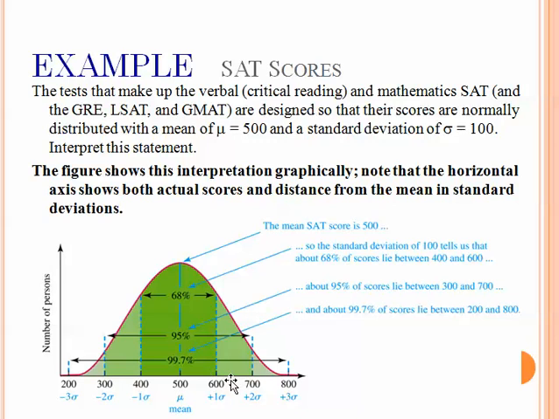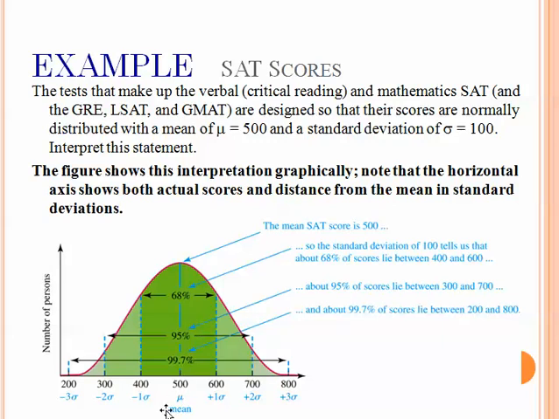That's within one standard deviation of the mean. So we can conclude using that rule that 68% of the students will score between 400 and 600 on one of the portions of the SAT, because that test is designed to be normally distributed.